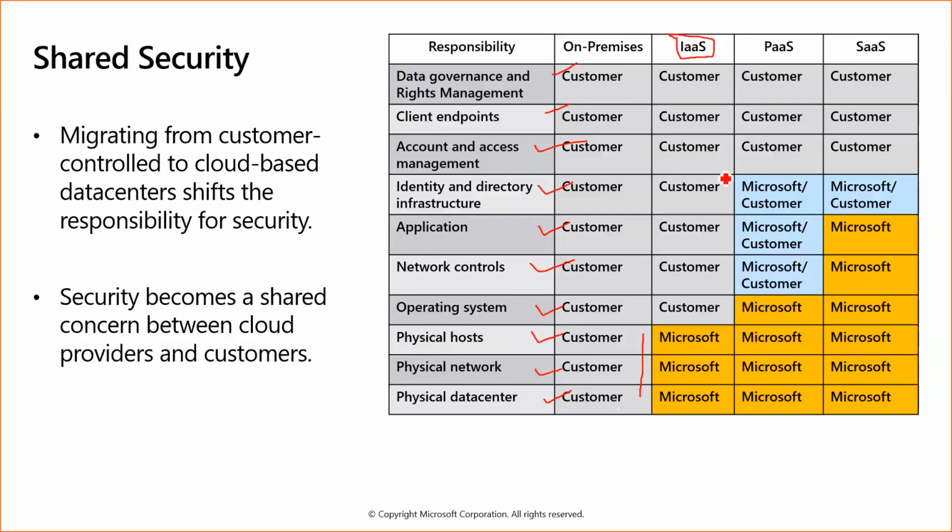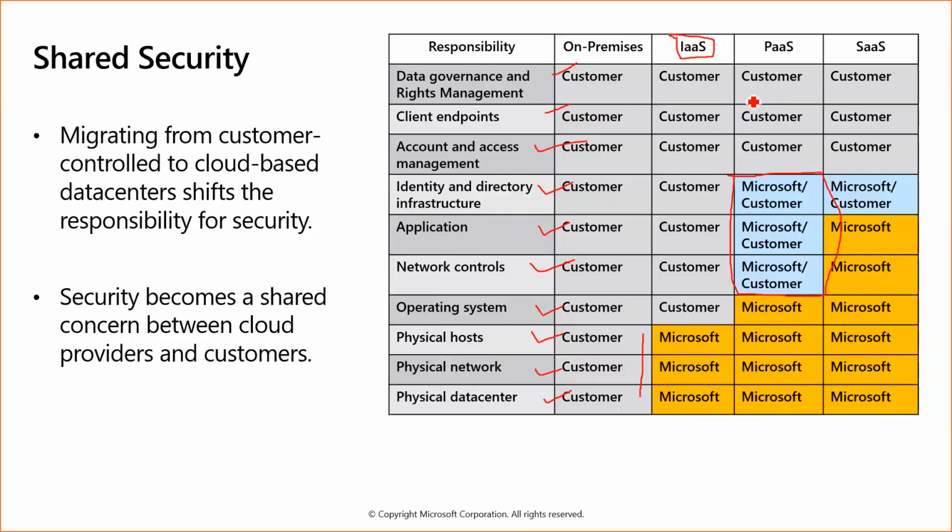There will be a shared responsibility between the cloud service provider and the customer in case of identity and directory, that means access roles and everything, and application and network controls. Both the cloud provider and the customer are responsible for security in identity, application and network controls, and other things lie with the customer only.